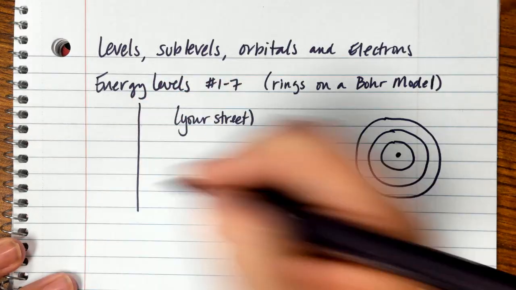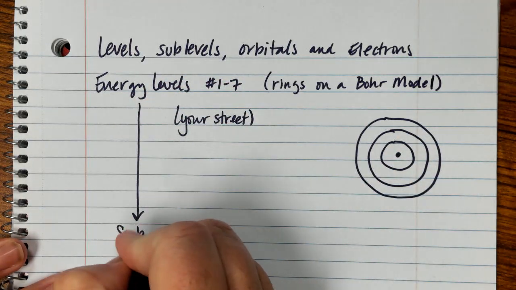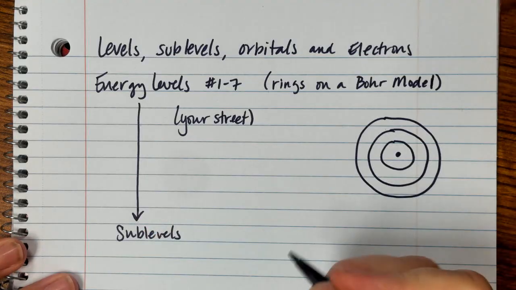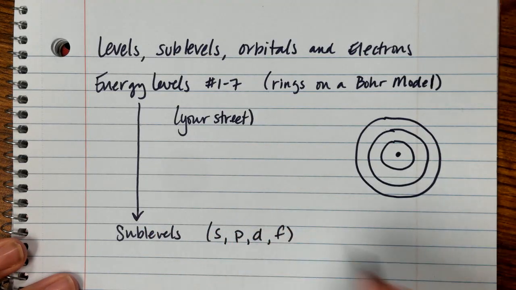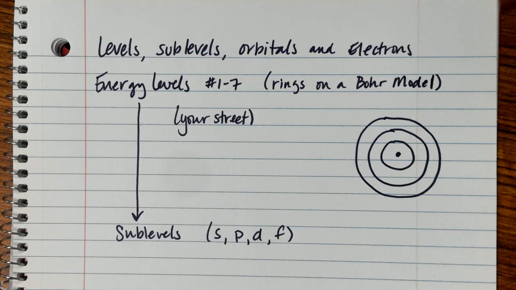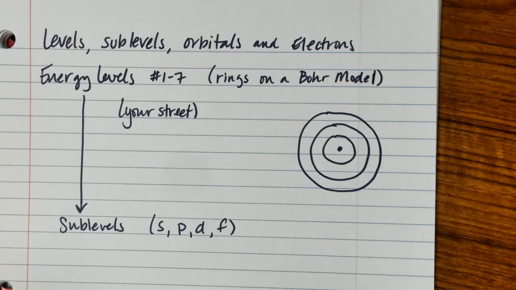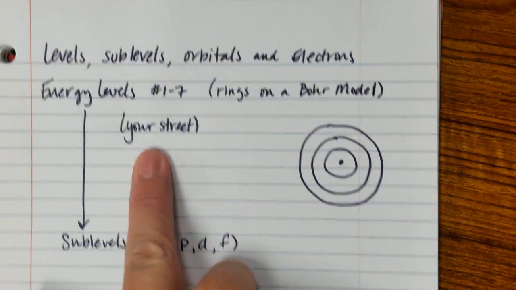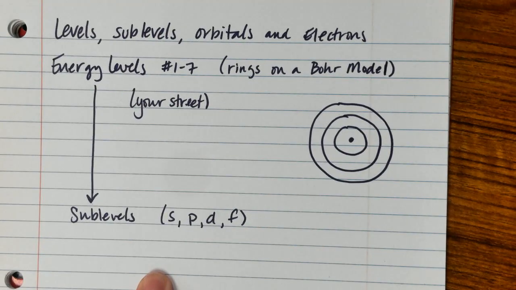Within energy levels, we have something called sublevels. Those sublevels are S, P, D, and F, which you drew on your periodic table yesterday. If the electron cloud is your neighborhood and the energy level is your street, what would we say the sublevel is? Your actual address, right?